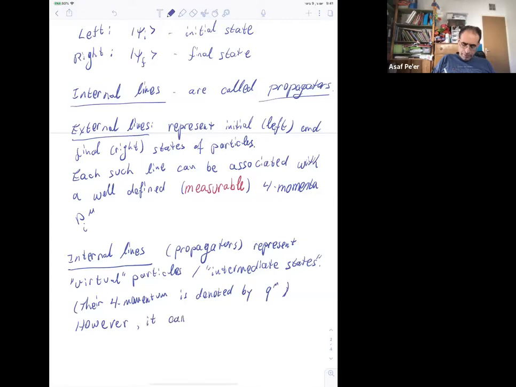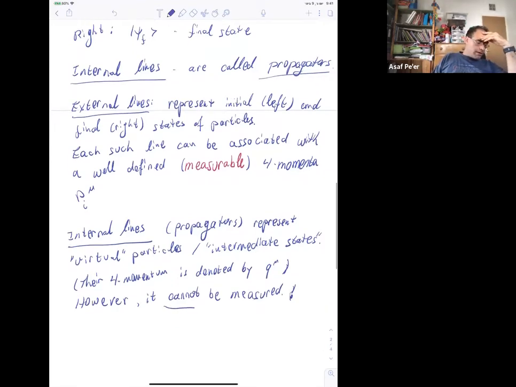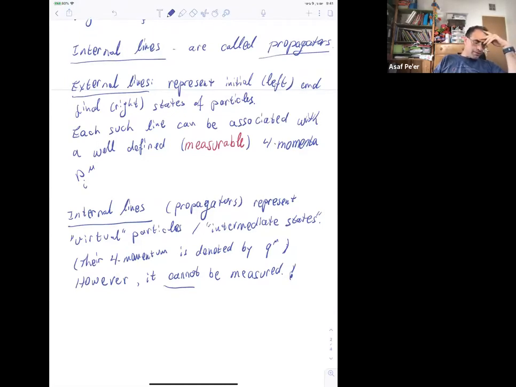It cannot be measured. So since these particles exist for very short times before they are destroyed, they can have different mass or energy than real particles. This, of course, is in accordance with the uncertainty principle, where delta E times delta t is greater than h bar over 2, and they live a very short lifetime, so they can have any energy in principle.